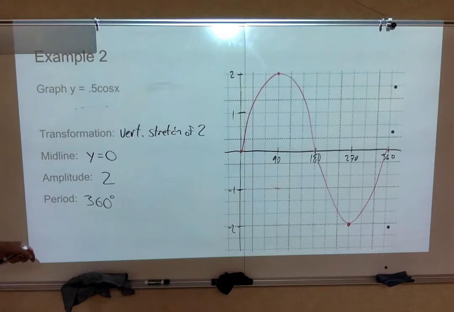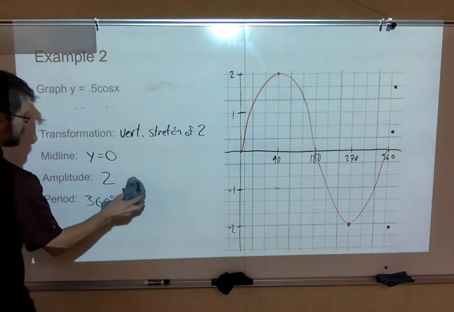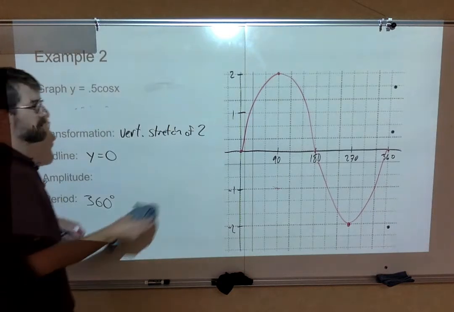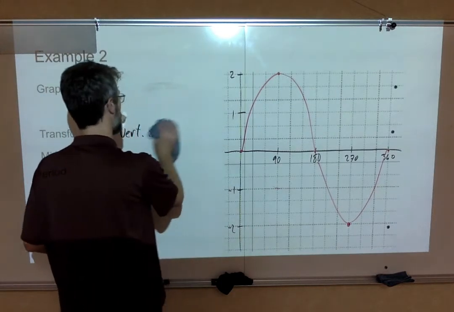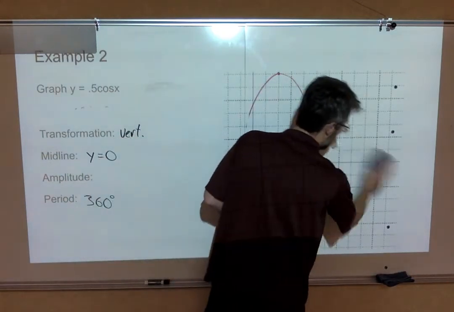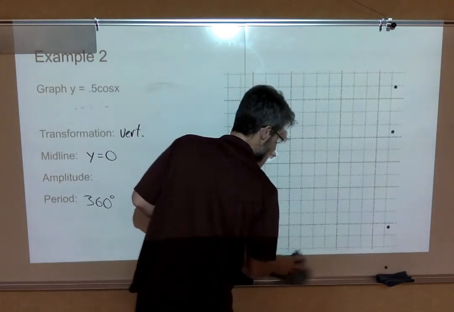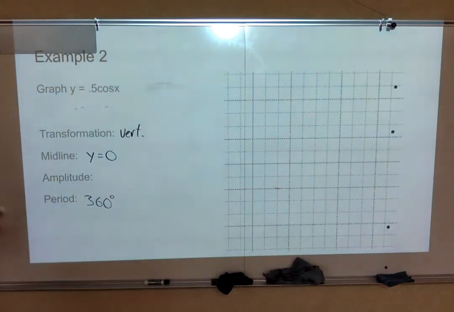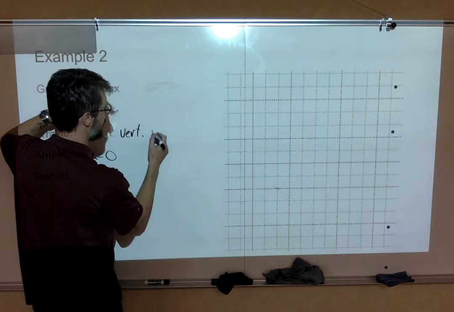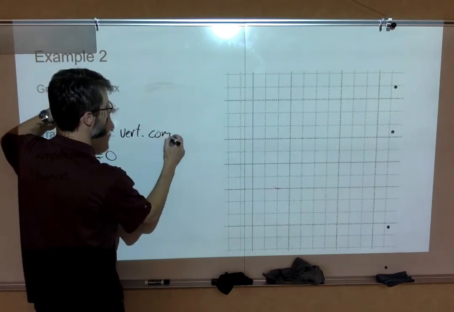All right, let's take a look at a compression now. These two are going to remain unchanged, so I'm just going to leave that there and save a little expo marker, because I'm going to waste a bunch of expo marker by redoing my axes every time. Okay, we're multiplying by 0.5, so this is now a number that is less than 1.